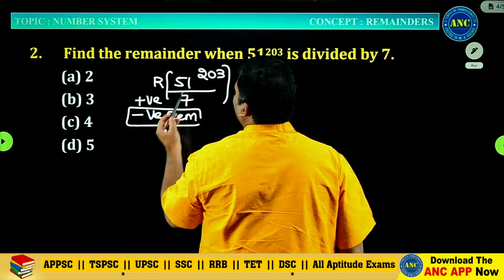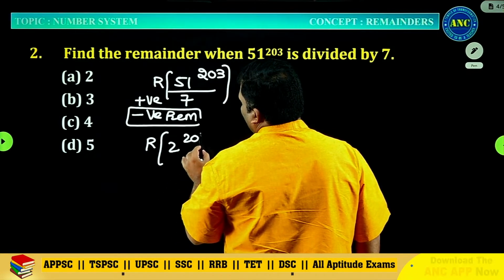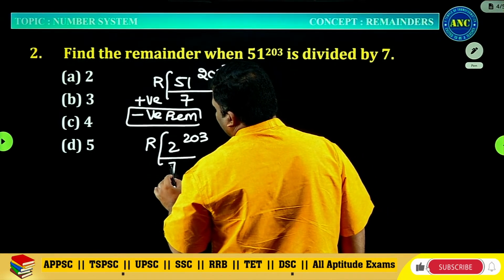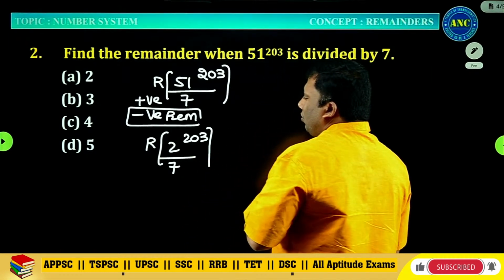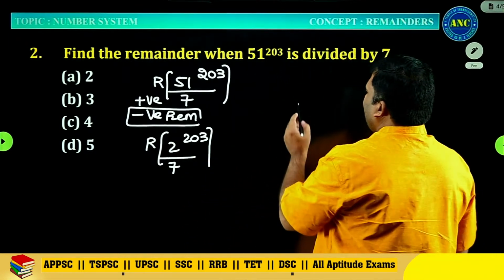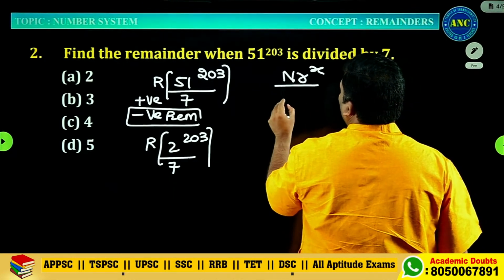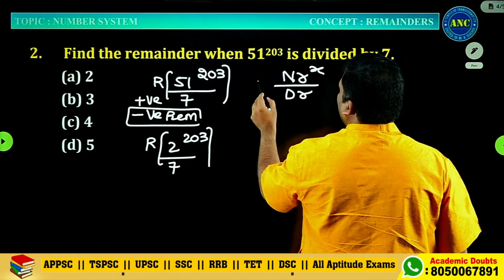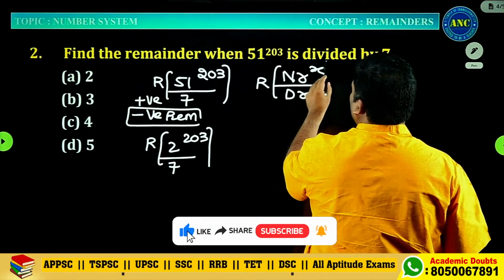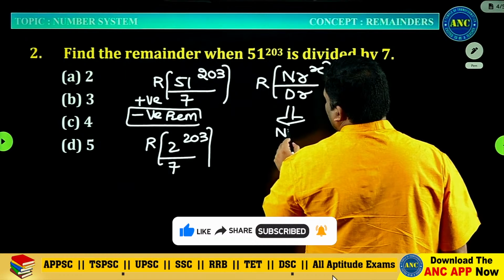7 sevens are 49. Leftover is 2. So 2 power 203 divided by 7. Whenever the remainder problems are like this, numerator power x divided by denominator, try to make the numerator less than the denominator.